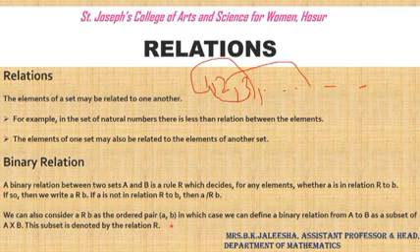If such related elements exist between all the elements of A and B, then the two sets are said to have the Cartesian product. The Cartesian product of those two sets is denoted in the form A cross B. So binary relation means a relation between any two different sets, from the first one to the other, and if the relation exists, it is denoted as a related to b.